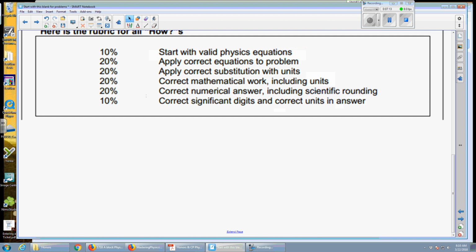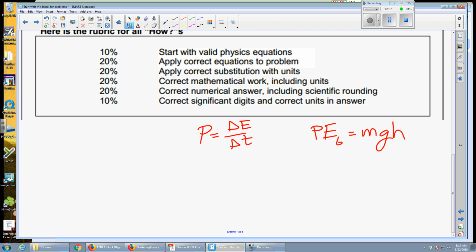So, we're going to grab the power equation and use the form change in energy over change in time, and grab the gravitational potential energy relationship from our equation sheet also.